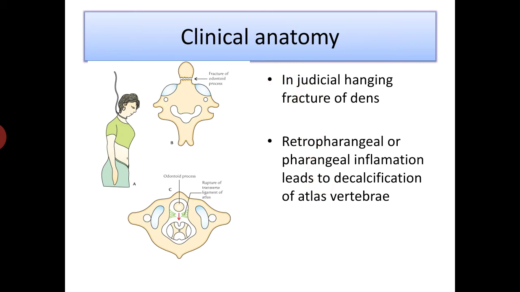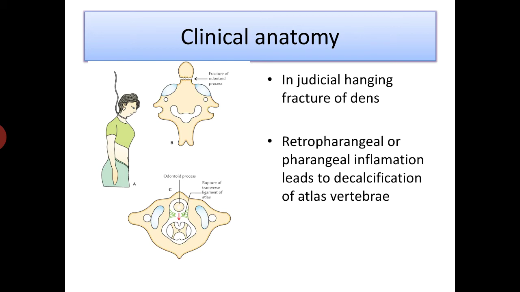So first, in judicial hanging or during a suicidal attempt, if a person hangs his or her neck from some overhanging part or object, there will be a fracture of the odontoid process, and this fracture fragment will go towards the foramen magnum, and that will compress mostly the respiratory and heart rate centers over the pons, and that will cause damage to those centers and lead to the death of the person.